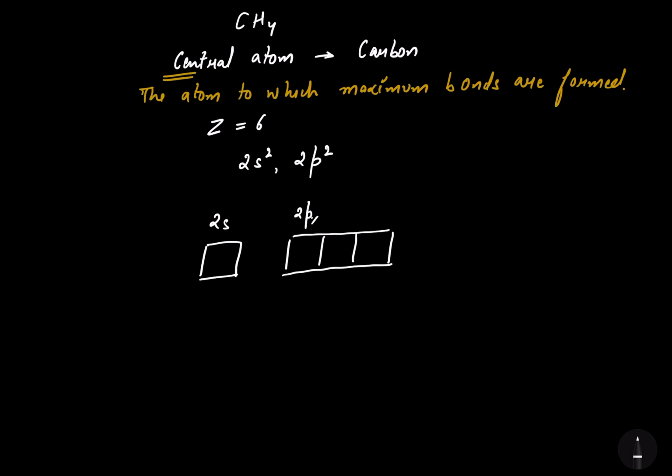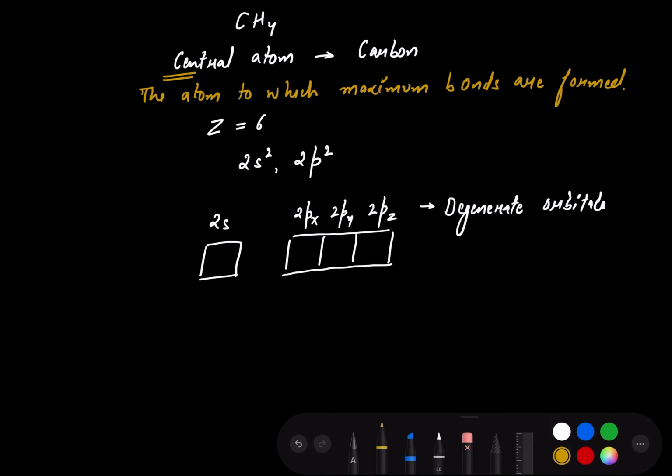What are degenerate orbitals? The orbitals having equal energy are called degenerate orbitals. So 2px, 2py, and 2pz are degenerate orbitals. Now, how many electrons does the 2s subshell have?